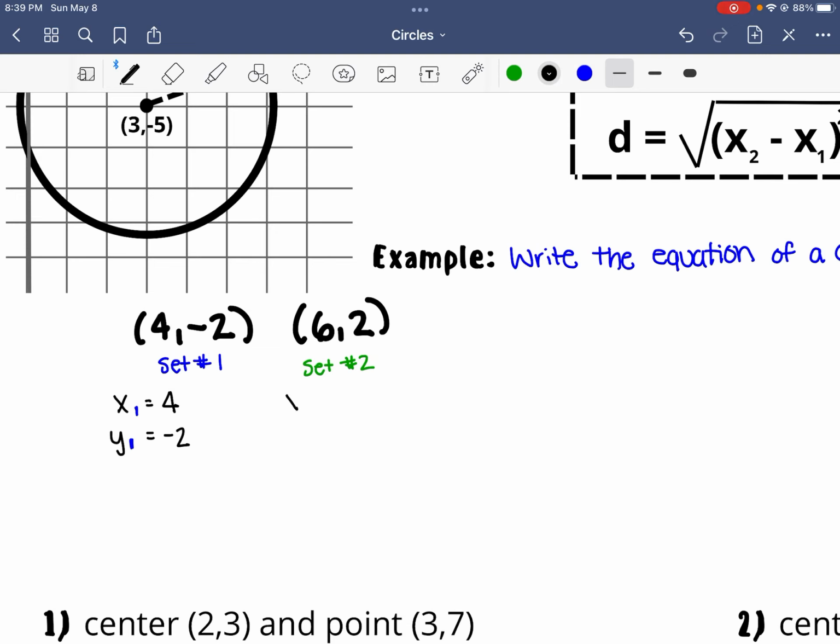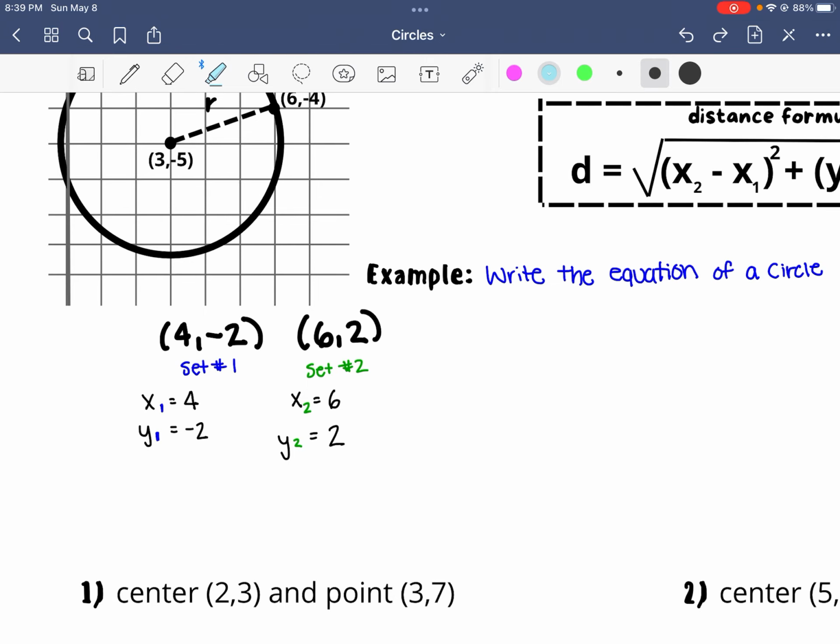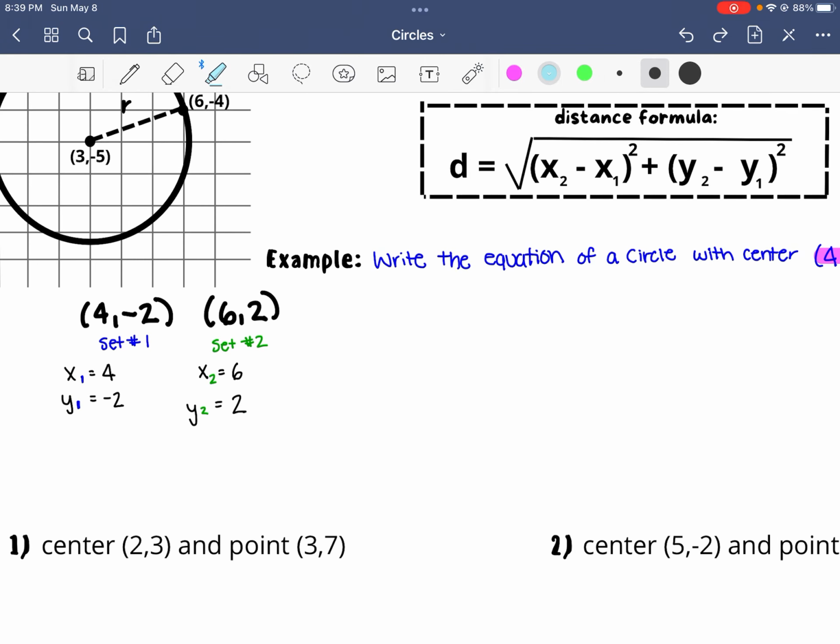Likewise, my x value for my second set is 6, and my y value for my second set is 2. So I'm using these little numbers, my subscripts, which are these right here, to tell me which set belongs to which, okay? So now I'm just going to plug it in, okay?